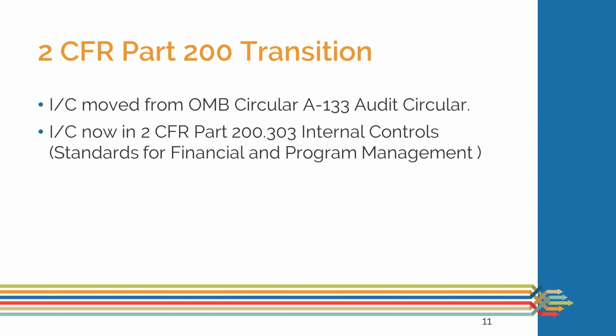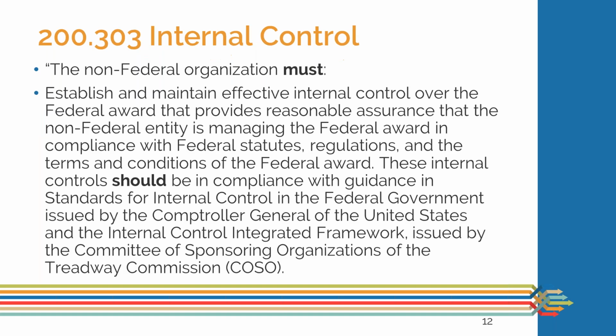So it's actually increased its significance on internal controls, so that it really puts a factor of what are your standards for internal control, both financially and programmatically. The next 3 slides are the exact guidance, the citation, as you would say, for internal controls.